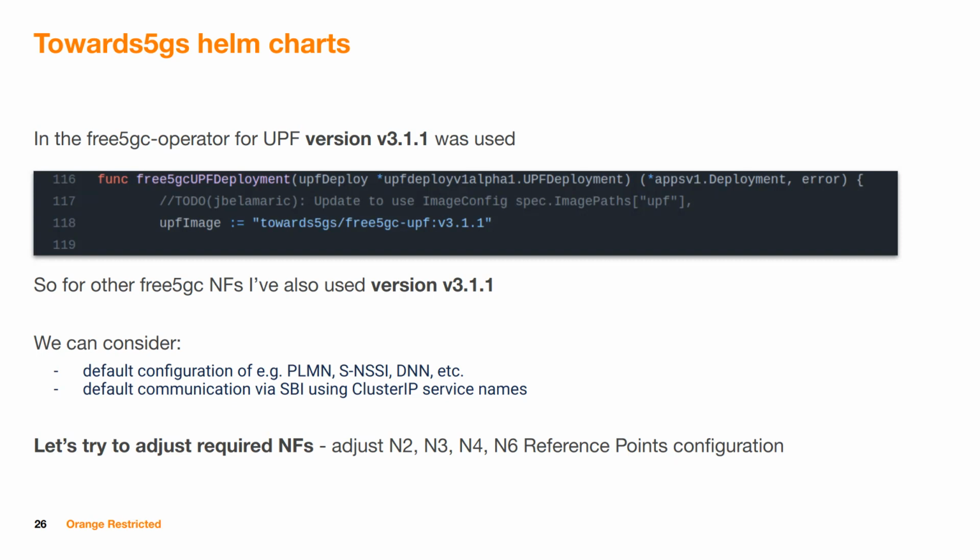Also, we leave the default configuration for communication via SBI, and it's using cluster IPs. So we assume that all the network functions except UPF are in the same cluster and the same namespace. So we will focus on just the N2, N3, N4, and N6 reference points of the network functions.